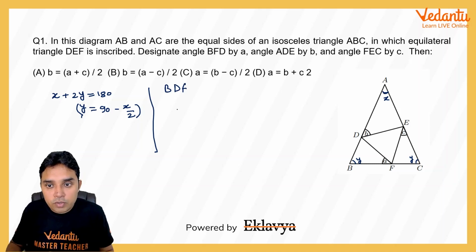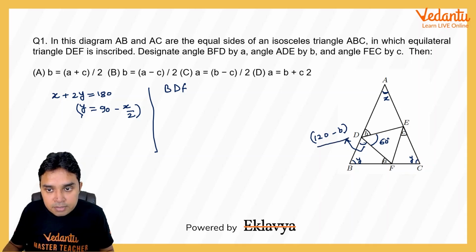You can see here this angle at D, because this angle is 60 degrees in that equilateral triangle, should be, because ADB is a straight line, 120 degrees minus B. Why am I saying so? Because the sum of these three angles, one this 60 degrees and third one B, should be 180.